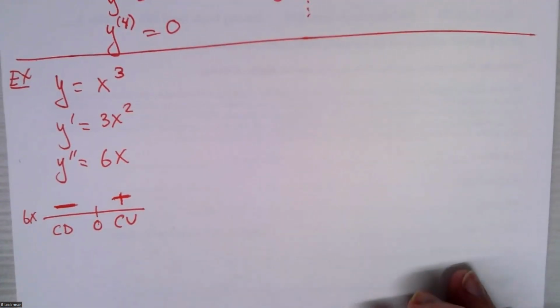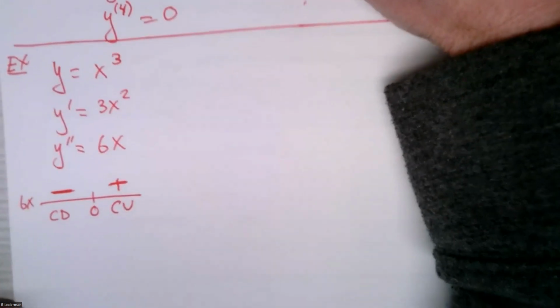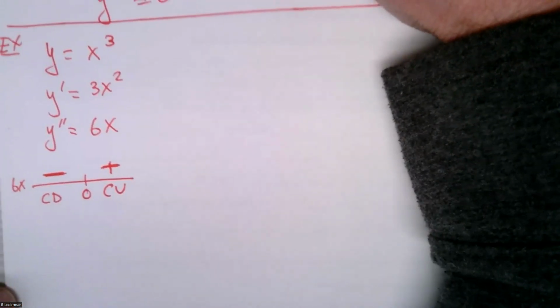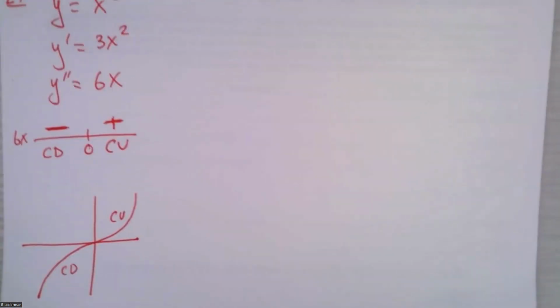Now, if you're familiar with this function, and you should have learned this in algebra, I assume, the function actually looks like this. So if you notice, it's concave down over here, and you can see it's concave up over there. Concave down, concave up. We are good.